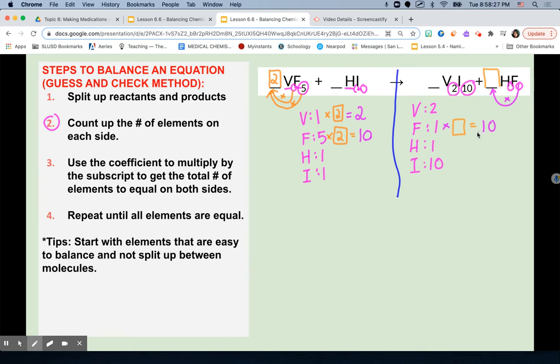All right. So 1 times what equals 10? Well, 1 times 10 equals 10. So I'm going to have a total of 10 Fs.